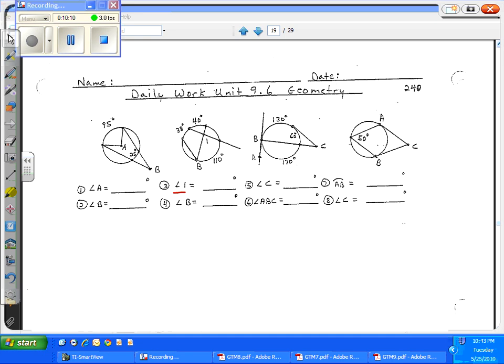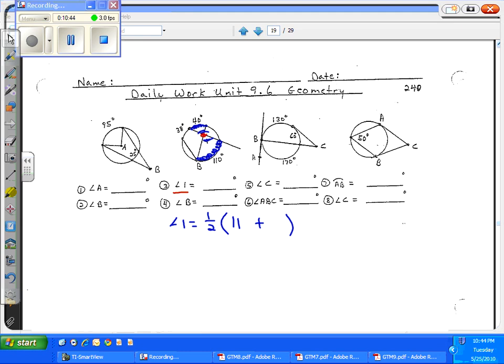Number 3, it wants to know angle 1. So we say, where's its vertex? Well, it's on the inside. If it's on the inside, then what's the rule? The rule is that the angle is half the sum of the arcs. What arcs? Angle 1's arc, which is 110, and its vertical angle's arc, which is 40. So angle 1 is 1/2 the sum because it's inside but not the center.